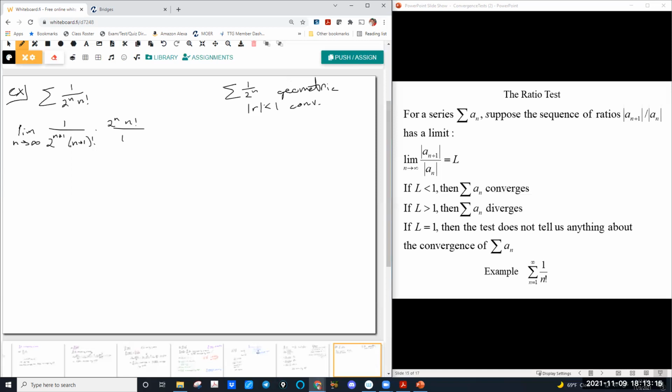So now we're going to look for any canceling we can do. This is canceling you're going to see a lot, especially in the ratio test going forward, because we're going to see it in power series. We've already seen how to rewrite this: n plus 1 times n factorial.